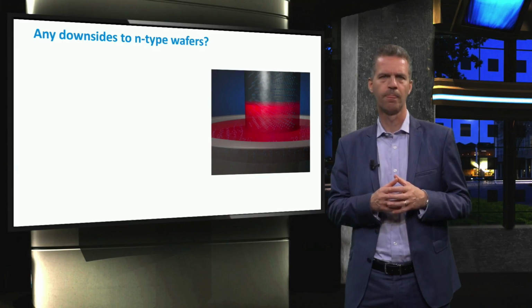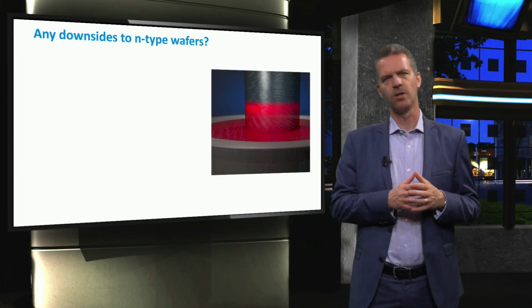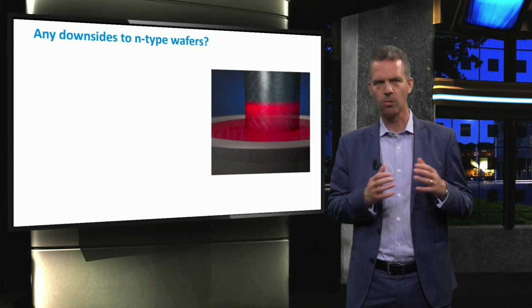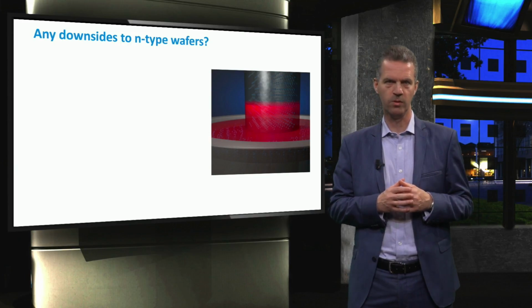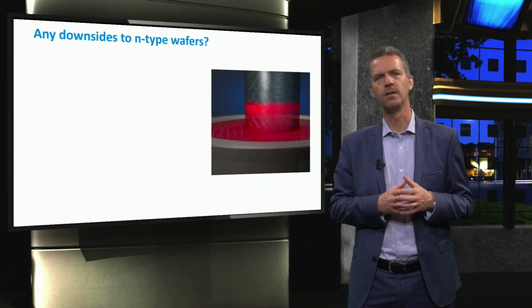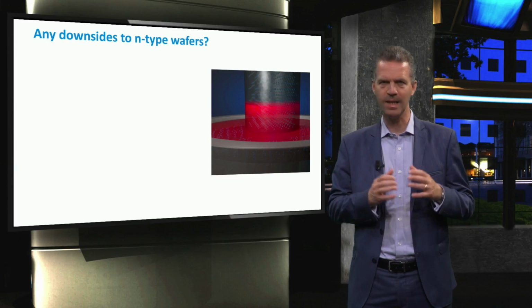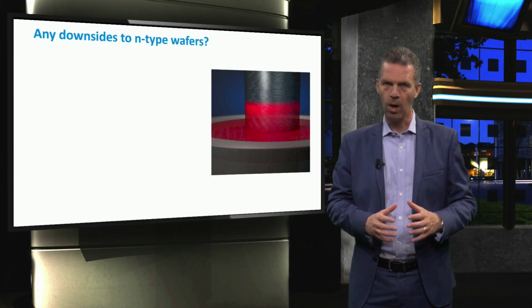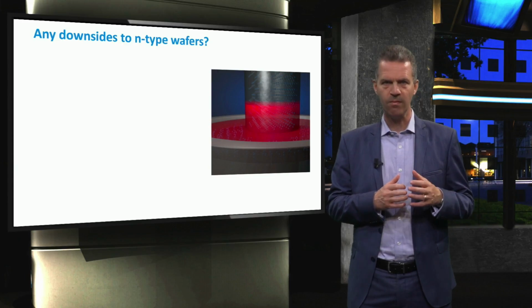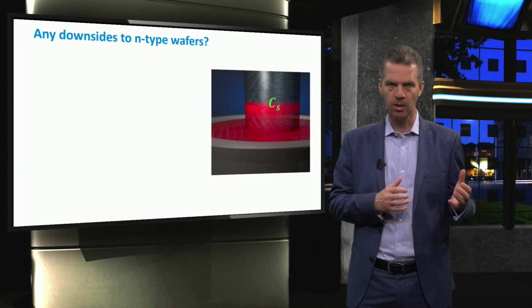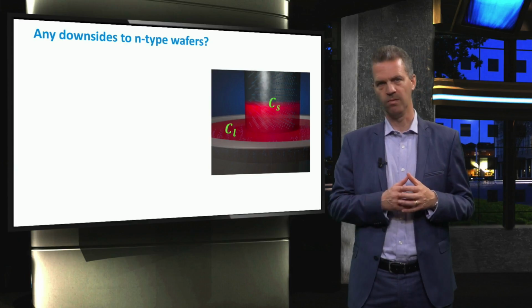So far, the electrical properties of N-type silicon are superior to P-type silicon. So the question arises if there aren't any downsides to using N-type silicon wafers. There are indeed some downsides to using N-type silicon, which originate from the ingot doping process. For Czochralski casting, the dopant is directly added to the silicon melt. While pulling the crystal, there is a difference in doping concentration between the solid phase and the liquid phase.